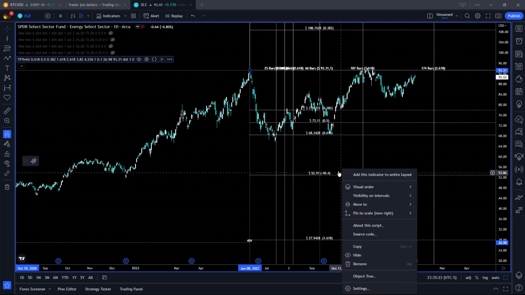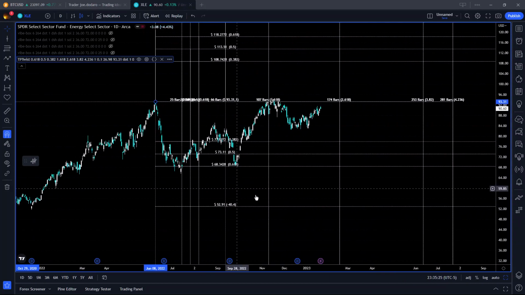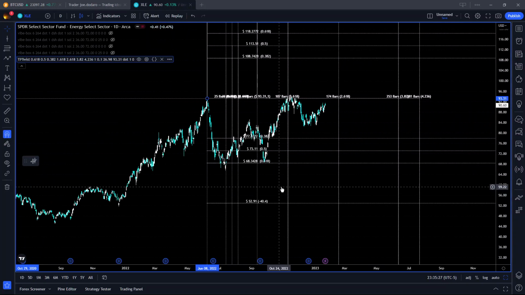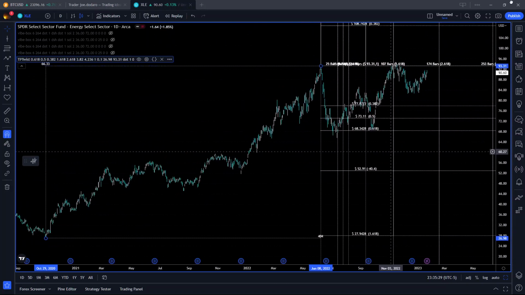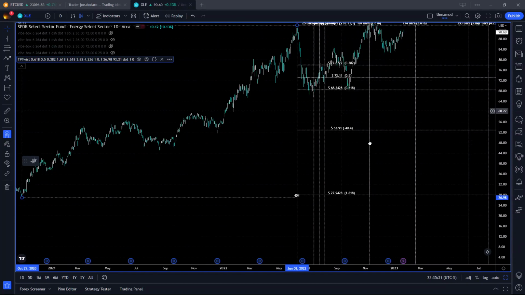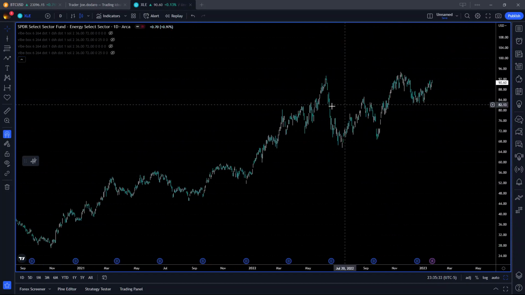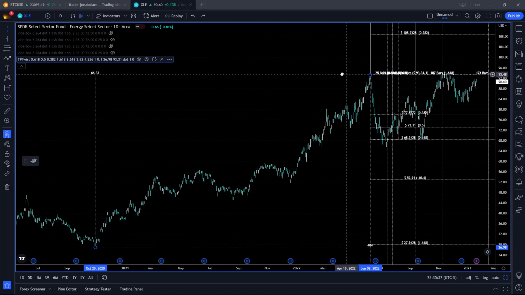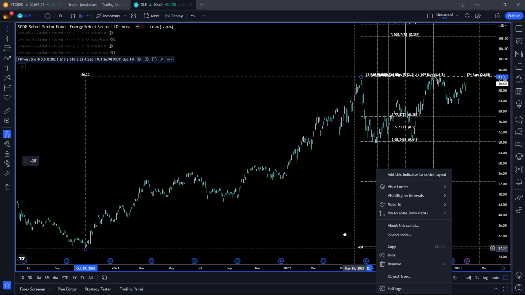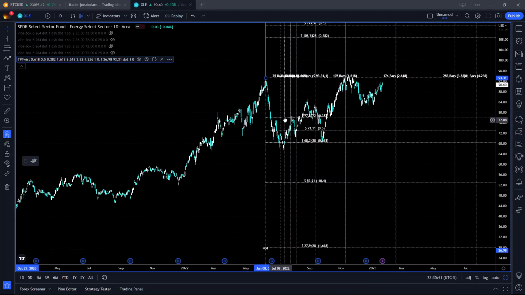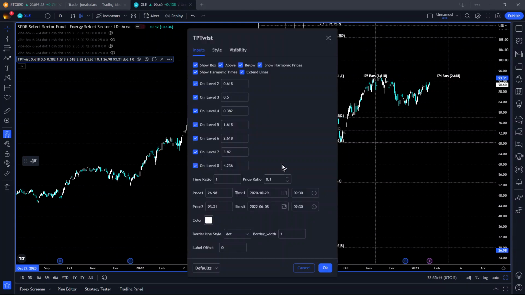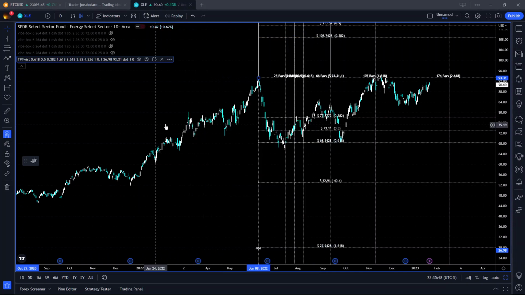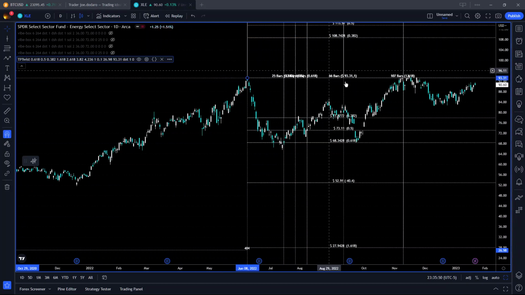Okay. So there's your price time twist tool being set to a range of $66 and 404 bars. And what we've done here is multiply the $66 and turn it into 66 bars.